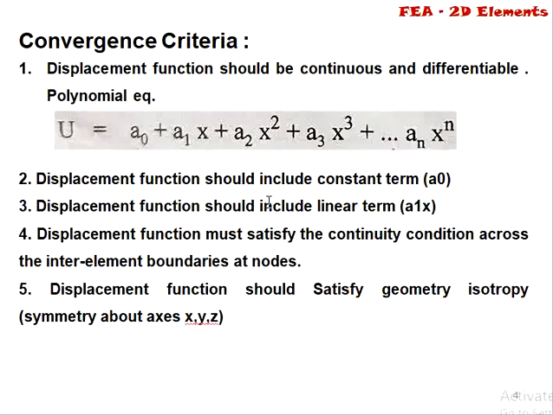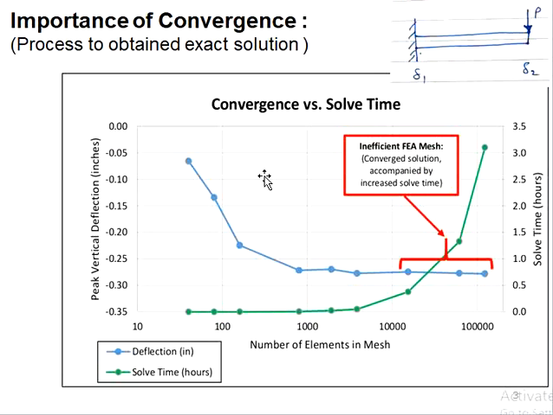Third, the displacement function should include a linear term, means at least one linear term, a variable having power equal to 1, that is nothing but linear. It means the answer is not obtained randomly, or we can say in the next iteration the answer slowly or linearly changes from the previous point to the next point.